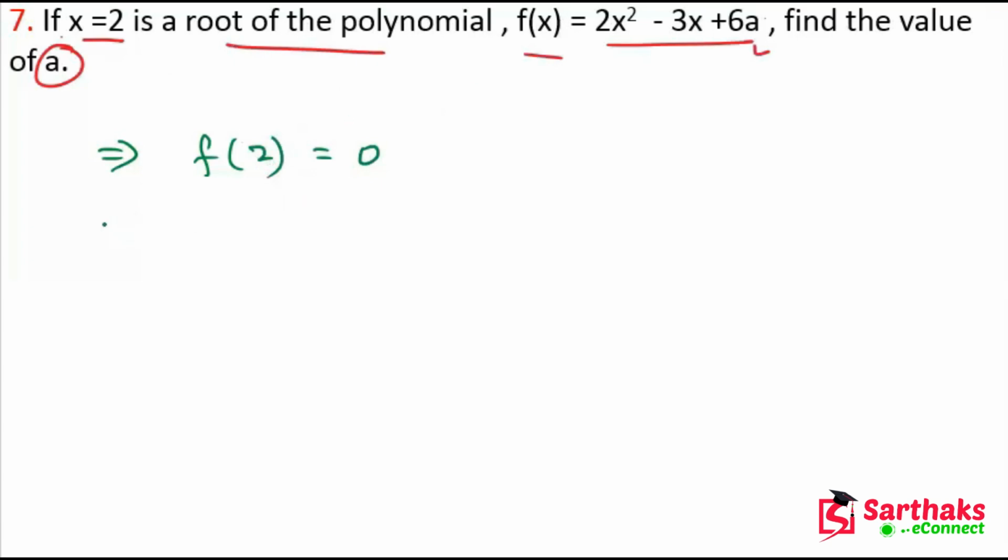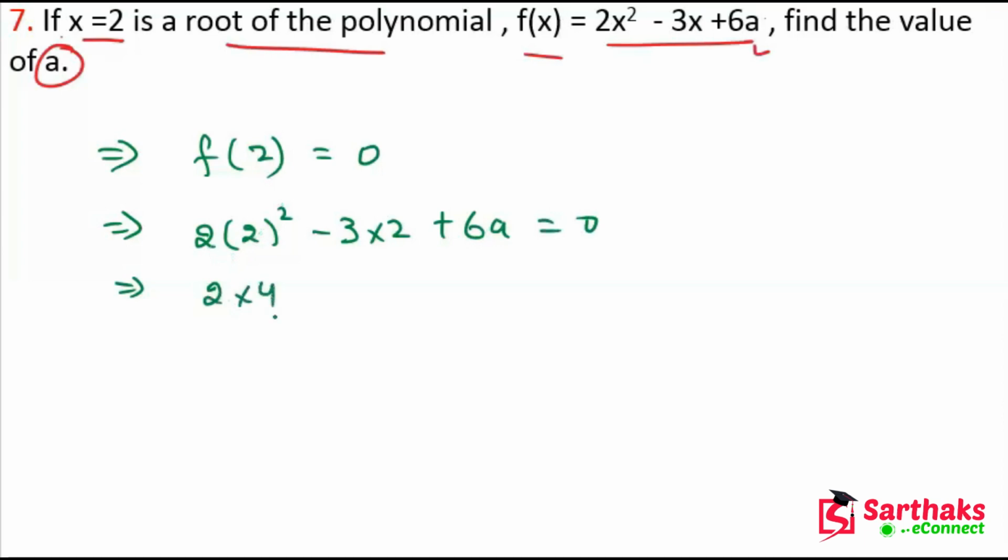Now f of 2 is 2 into 2 square minus 3 into 2 plus 6a is equal to 0. So 2 into 2 square becomes 4 into 2, minus 3 into 2 is 6, plus 6a is equal to 0.